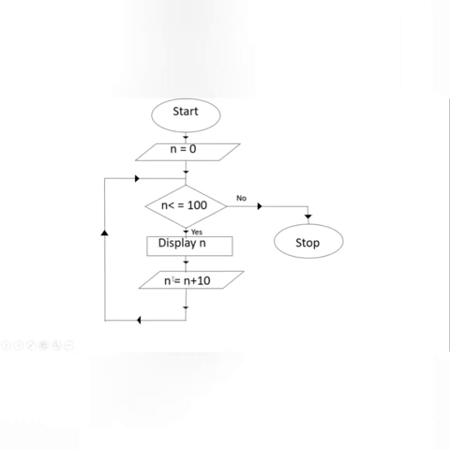The data flows, and in the output n is equal to 100 plus 10, so the new n becomes 110.